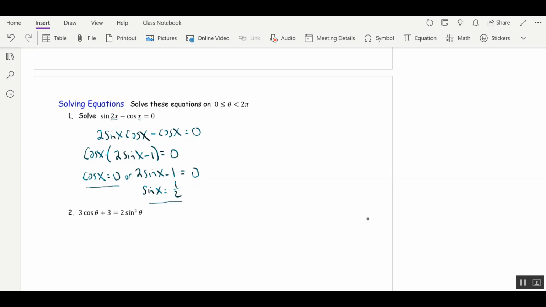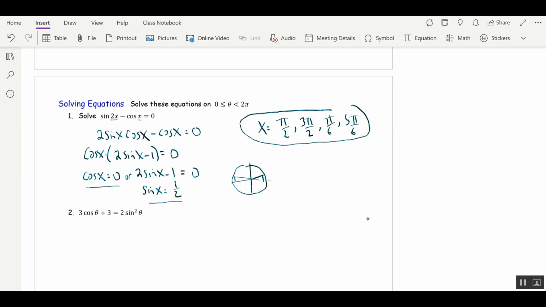I know cos x equals 0 when x is pi over 2 or 3 pi over 2. And sine x equals 1/2. Let me just draw a little unit circle here. On a unit circle, sine is the y coordinate. So that will be 1/2 at pi over 6 and at 5 pi over 6. So it all boils down to, do you know your unit circle?